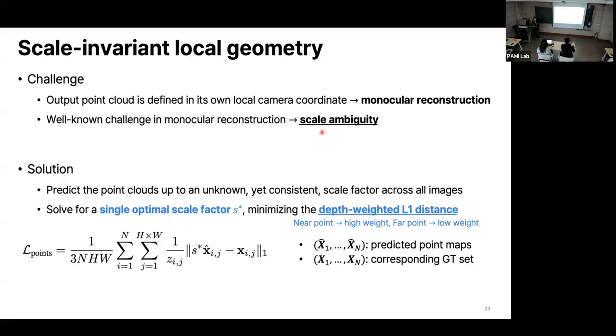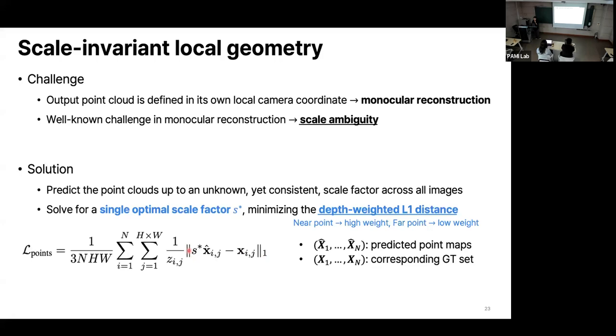So the solution for this point map prediction is that they assume some consistent but unknown scale vector. They just pick some value, and they want to solve for this scale vector with some optimal values. So they minimize the depth-weighted error loss between the predicted point map with the scale value and the GT point map.